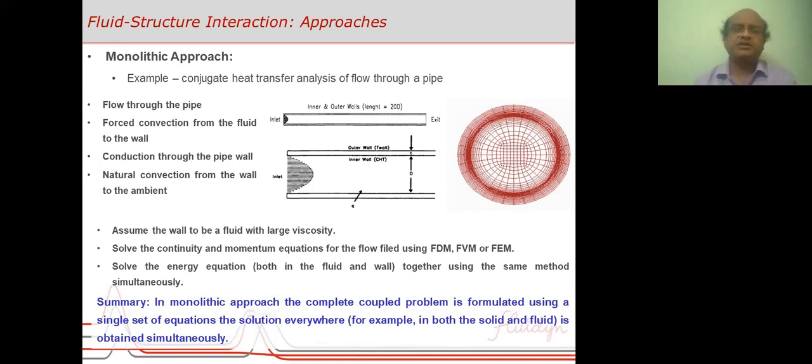So the same energy equation can be used to obtain the temperature both in the fluid and in the solid. In the fluid, it will consider the convective terms and the conduction terms, and in the structure, it will consider only the heat conduction term.